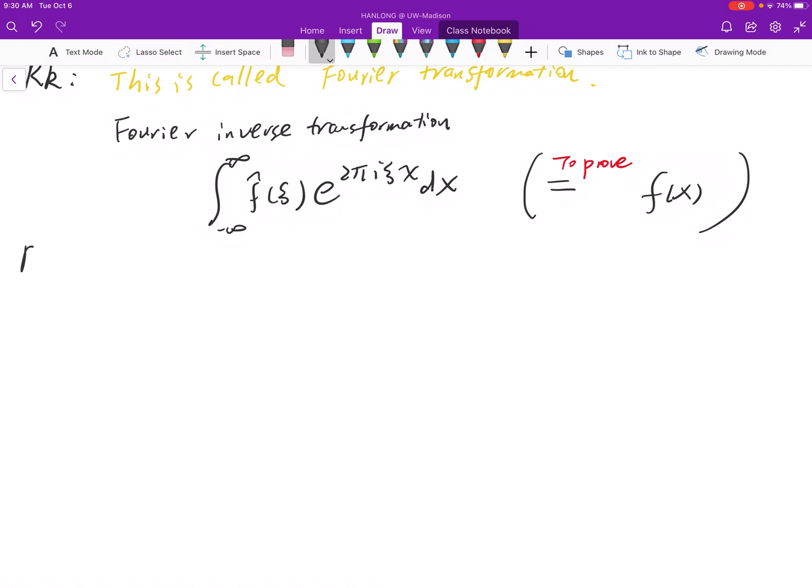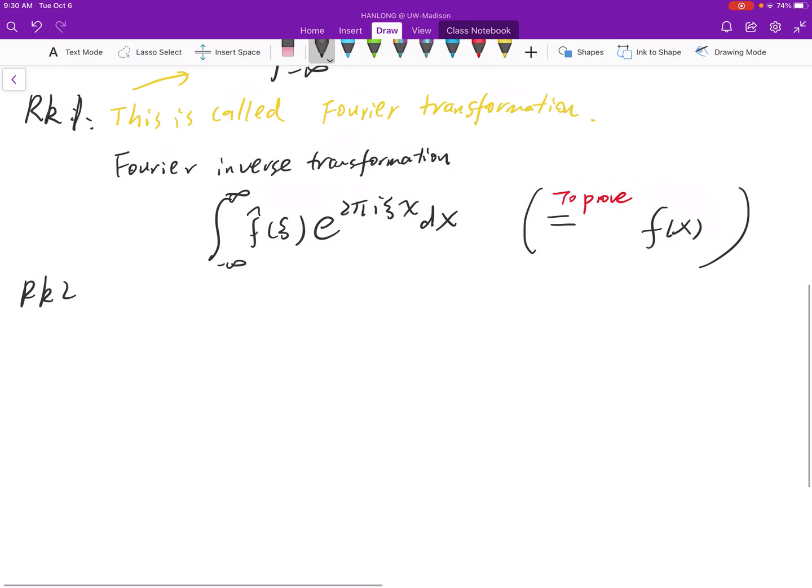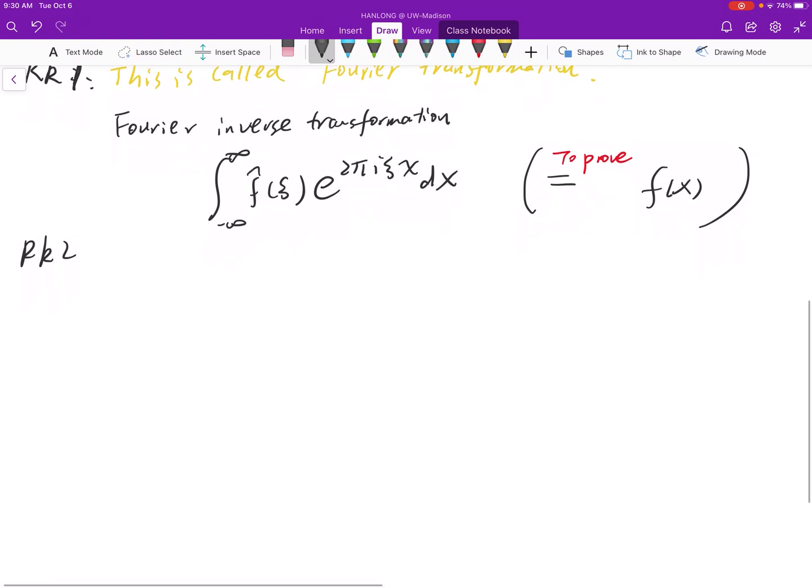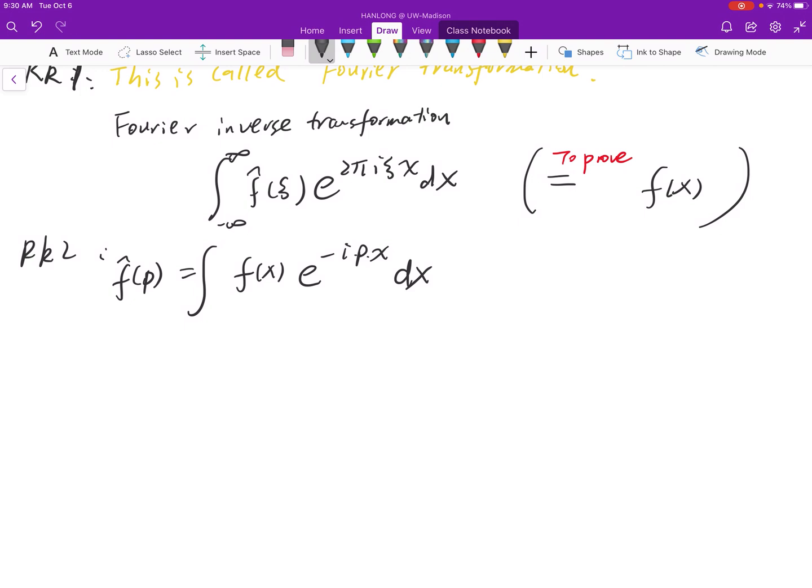Remark 2 is that in physics, you use different notation for the Fourier transformation. That means in physics, you use e^{-ipx}, so you don't have the 2 pi. When you do the integration, you are now in momentum space.